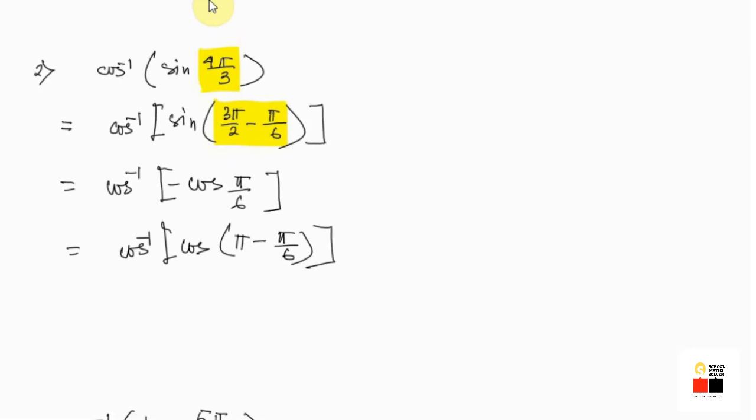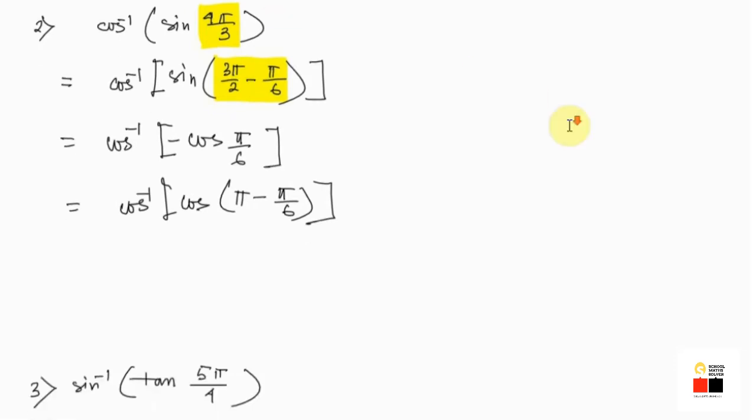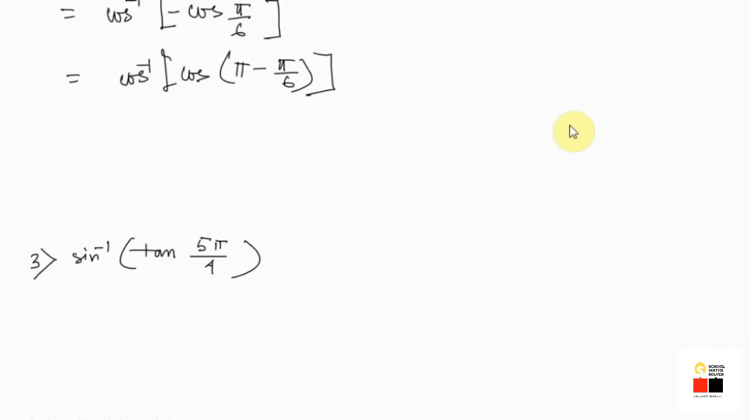Since the principal value of cos inverse x lies between 0 and pi, this equals cos inverse of cos 5 pi by 6, which equals 5 pi by 6. 5 pi by 6 will be the answer.